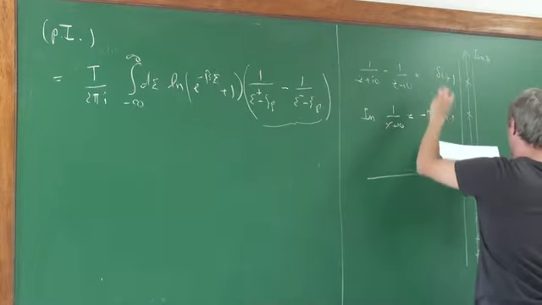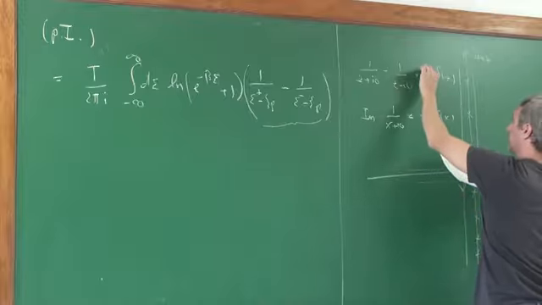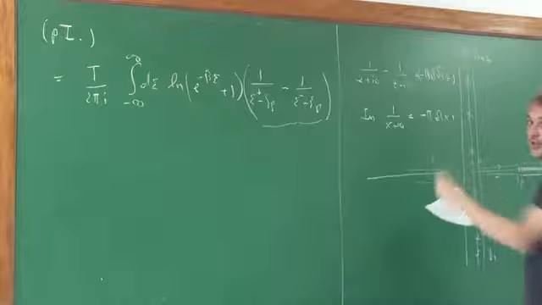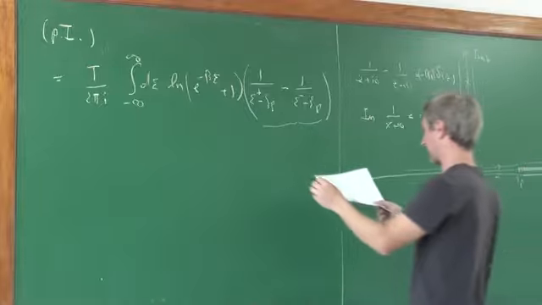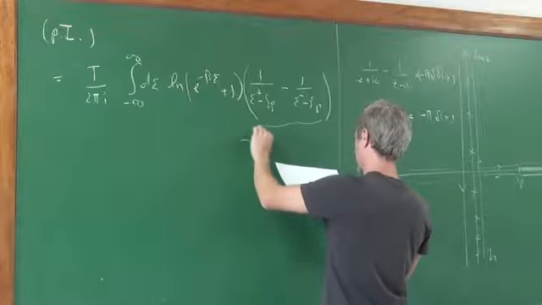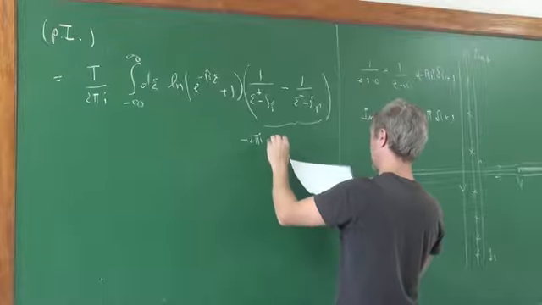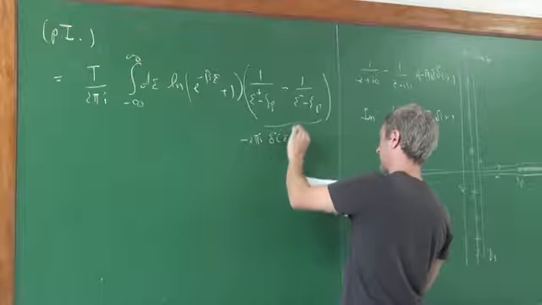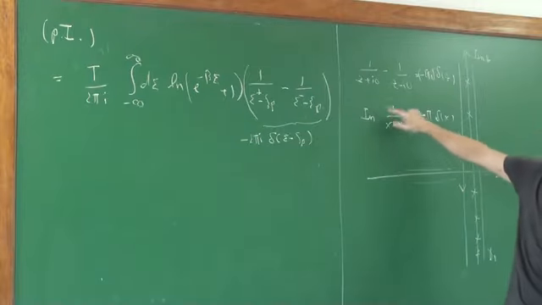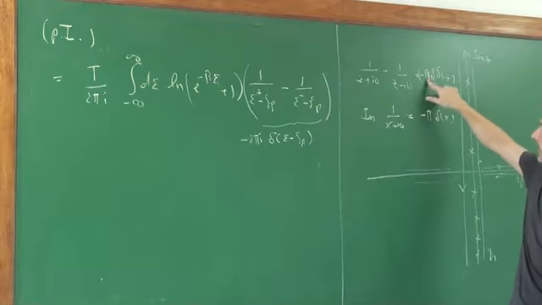So this here will come with a minus 2 pi i, okay? Delta this. So this is a minus 2 pi i delta. Okay, so this is the identity, so the imaginary part still has 1 over 2i, which you multiply here, so the minus pi becomes 2i.